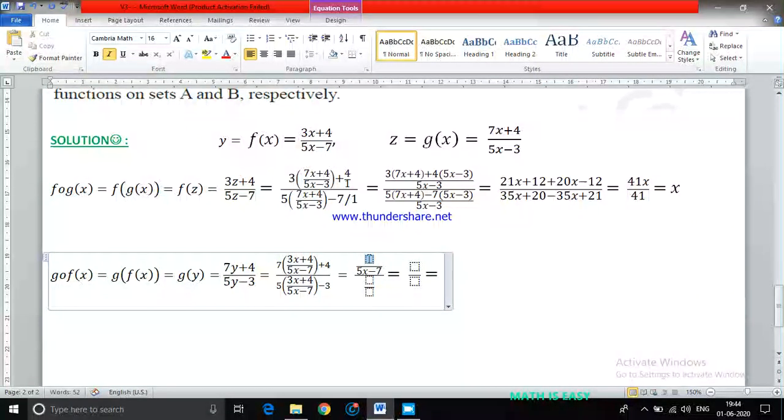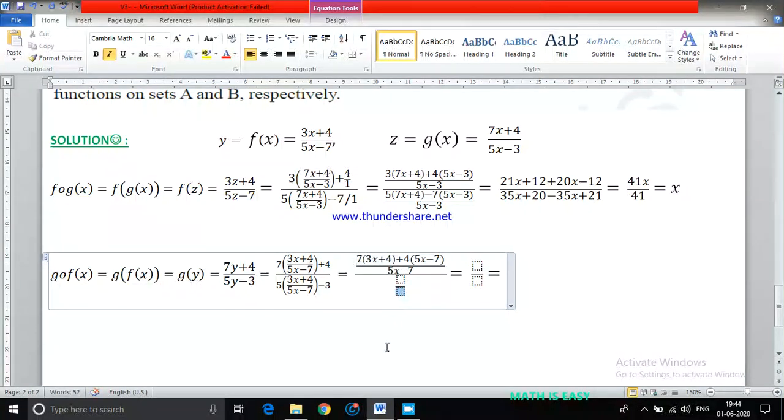So in the numerator, what do you get? 7 times 3x plus 4, plus 4 times 5x minus 7.